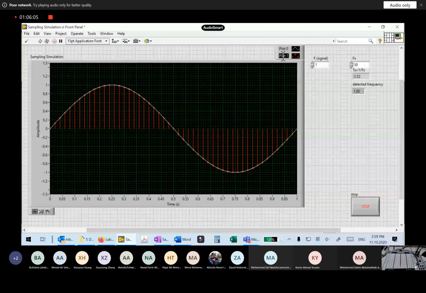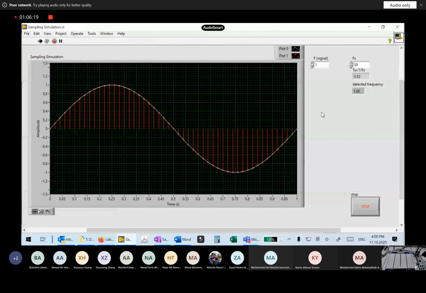I can see clearly that only at these sampling instances I can see the value of my signal. So when I run this, I can simulate what's really happening when you do data acquisition, or generally the analog to digital conversion.